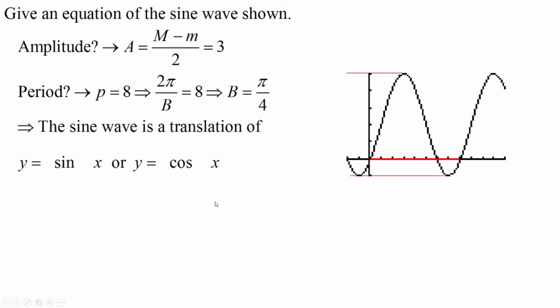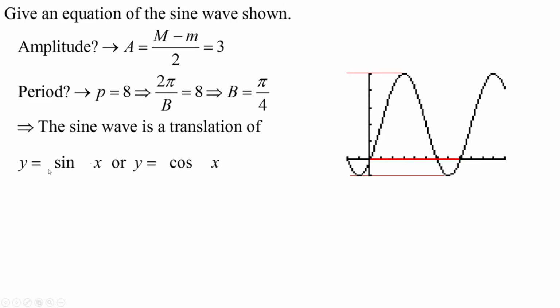All right. So this implies the sine wave is a translation of, so right now I'm just going to put in my amplitude and my period business, and then we'll worry about horizontal and vertical translations. All right, so my first thought is, what is my amplitude? And we said the amplitude was 3.